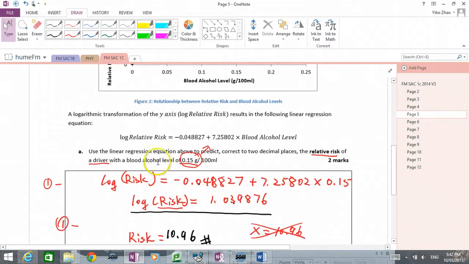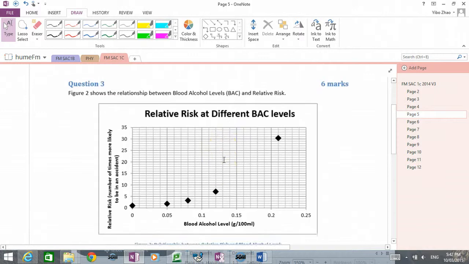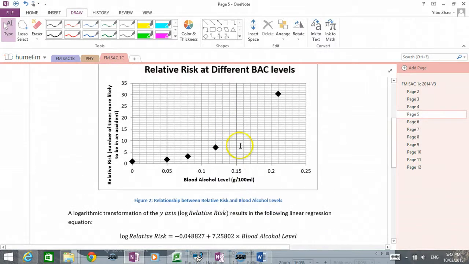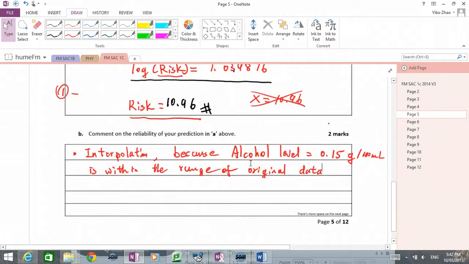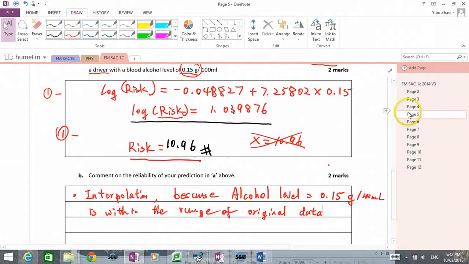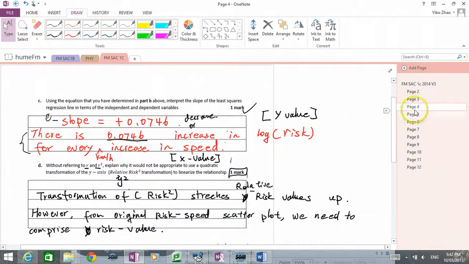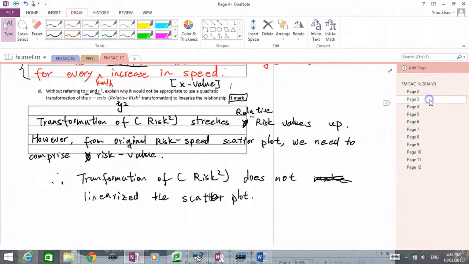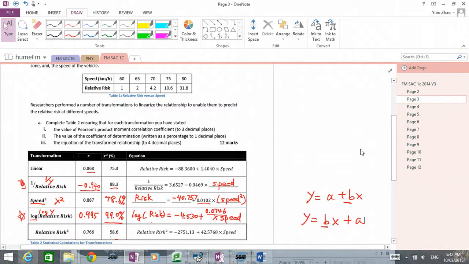But just by reading the question, the R value is not sure. They didn't tell me the R value or the R square value. So if we look at the previous question, sorry, here.